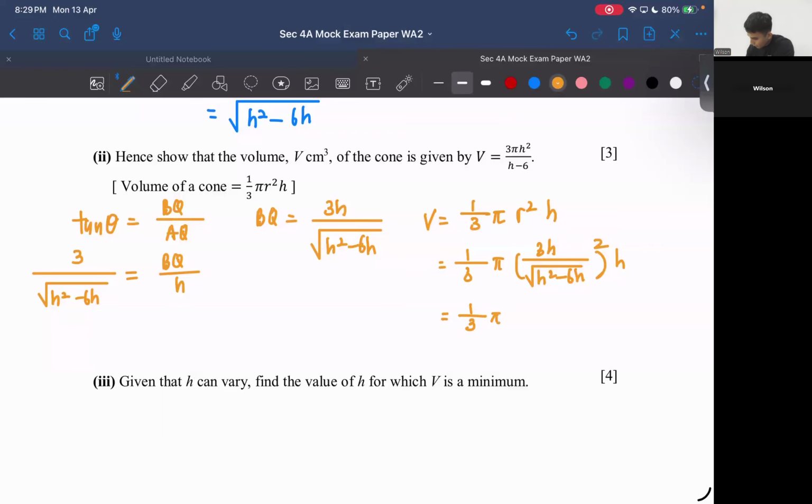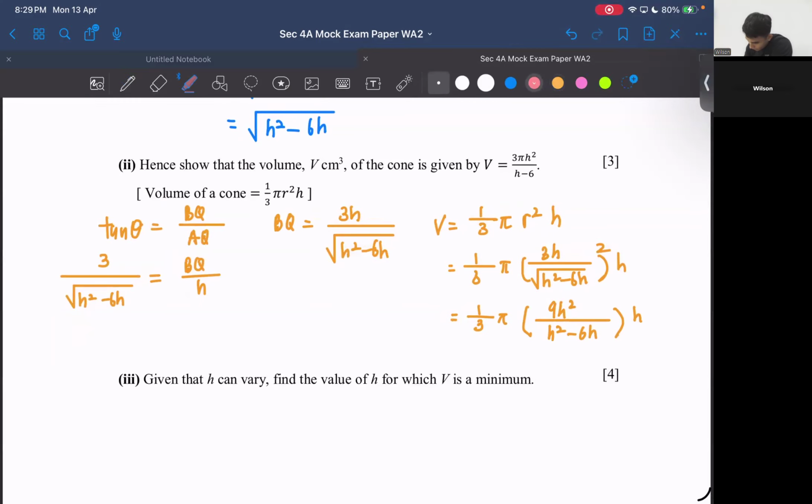This is 1/3 pi times 9H squared over, this one doesn't have the square root anymore, H squared minus 6H, times H. Agree? Now, the H can cancel with the H below, and the 3 can also be cancelled. This 3 and this 9 can be cancelled away. So my final one is pi times 3H squared over H minus 6.